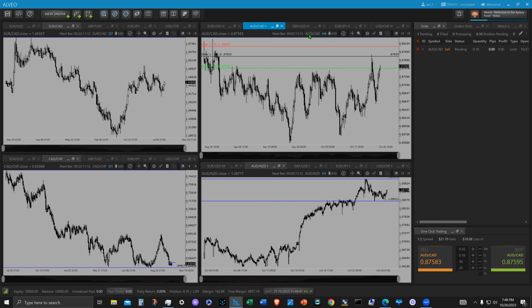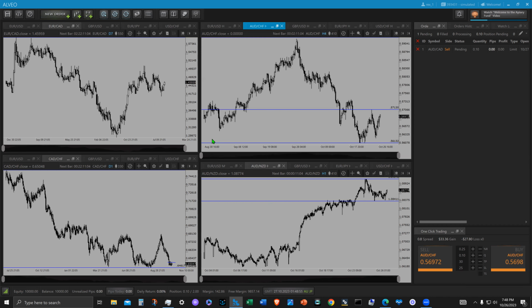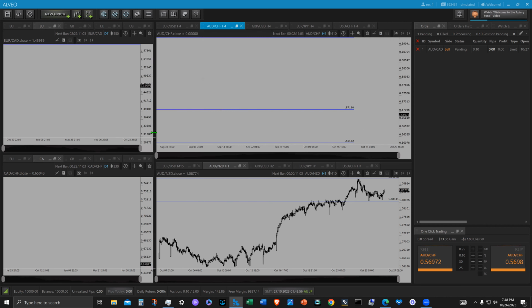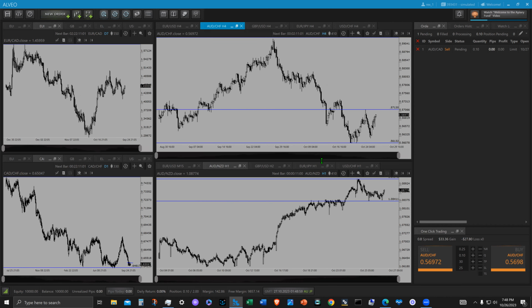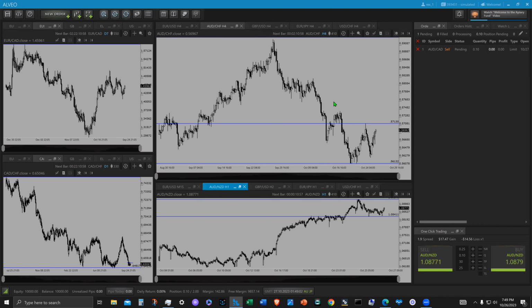Aussie Swiss. So I'm going to do all these on the 4 hour, so it's just easier to look at. Sell limit 5711. Let's grab it here. Right, went up to this one.